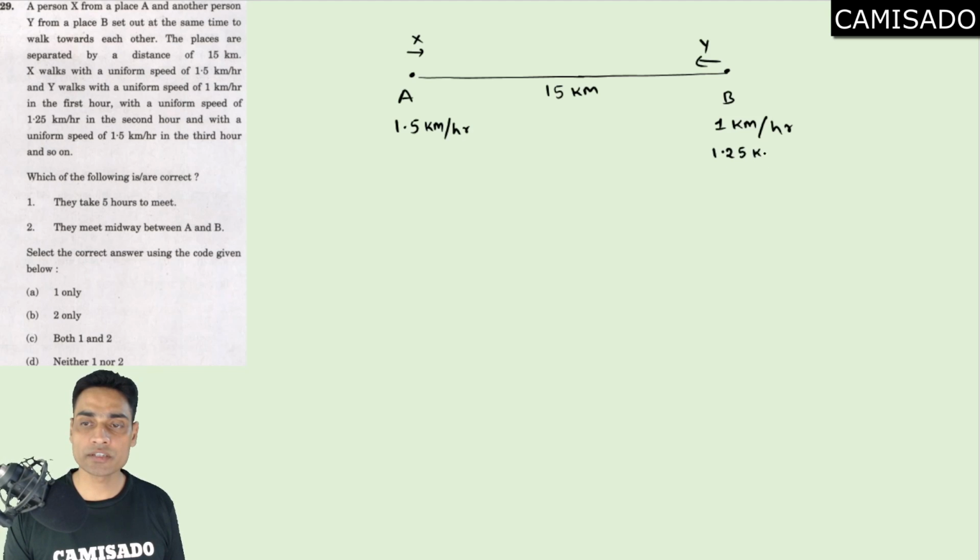See, there is a change in the speed of the person who is approaching towards A from B. Okay, there is a change, and with a uniform speed of 1.5 in the third hour, and so on. Means 0.25 increment every time. So next hour it will be this, then it will be this.